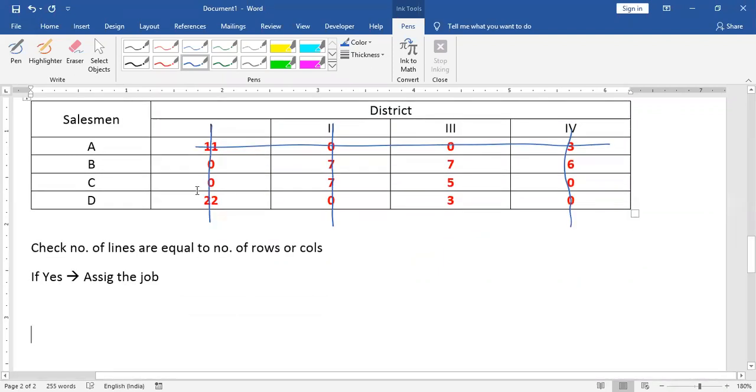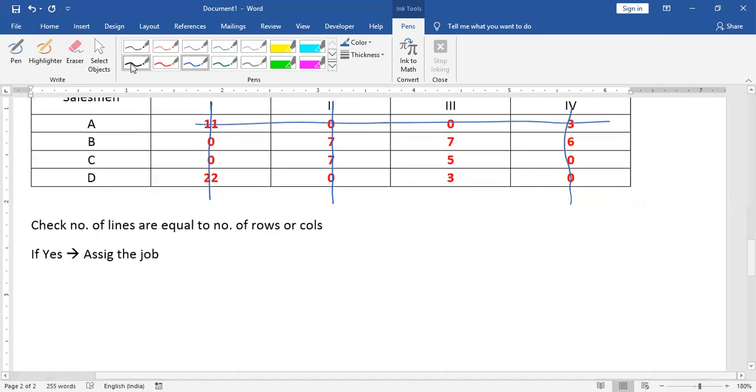Because there are 4 salesmen, we have to assign the jobs to 4 salesmen: salesman A, salesman B, salesman C, and salesman D. Let's see what happened.